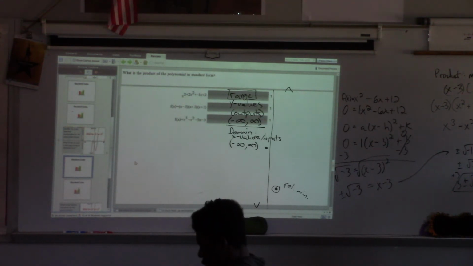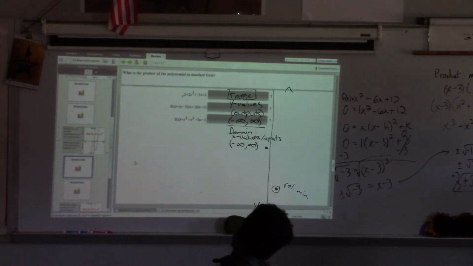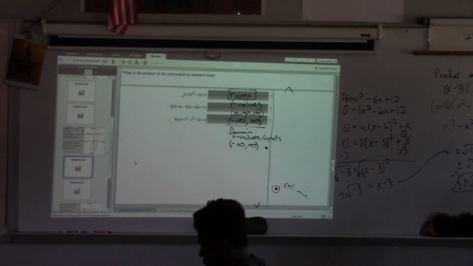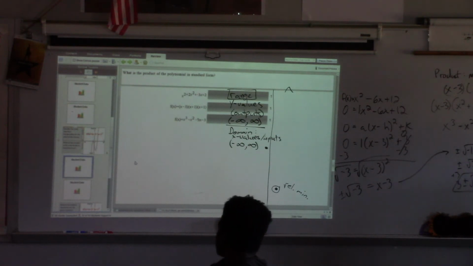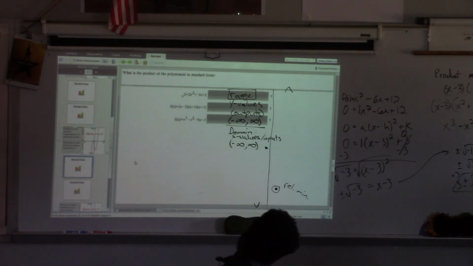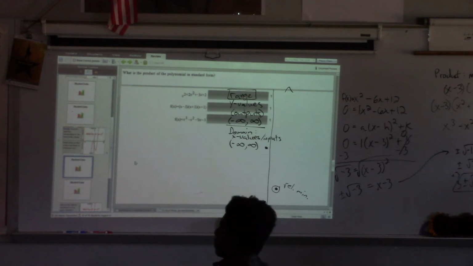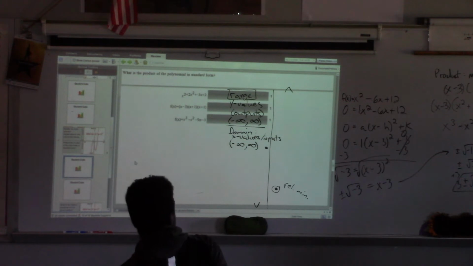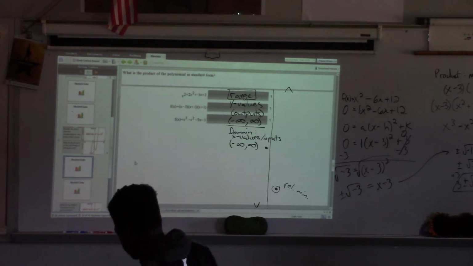But x squared minus 2x minus 3, so x cubed plus x squared, negative 2x squared minus 2x, minus 3x minus 3. So I get x cubed minus x squared minus 5x minus 3.